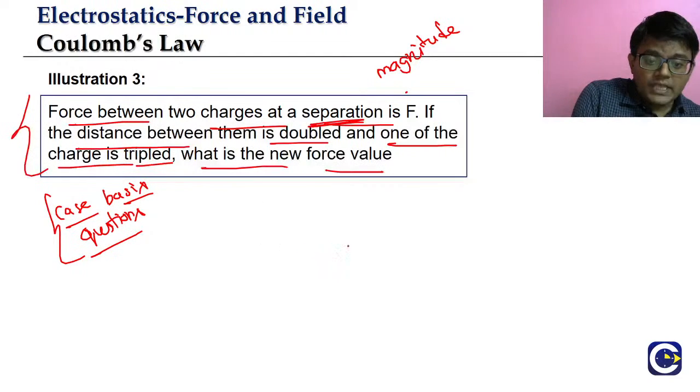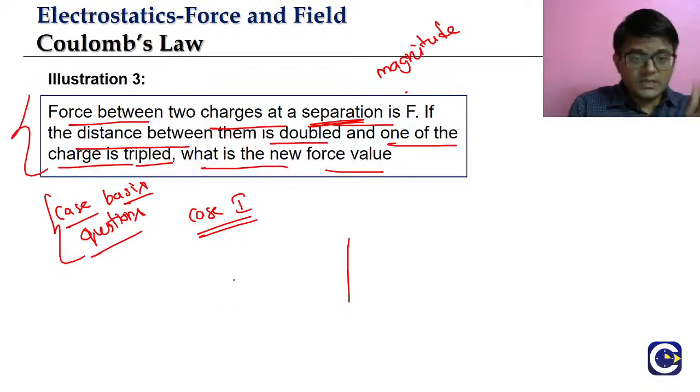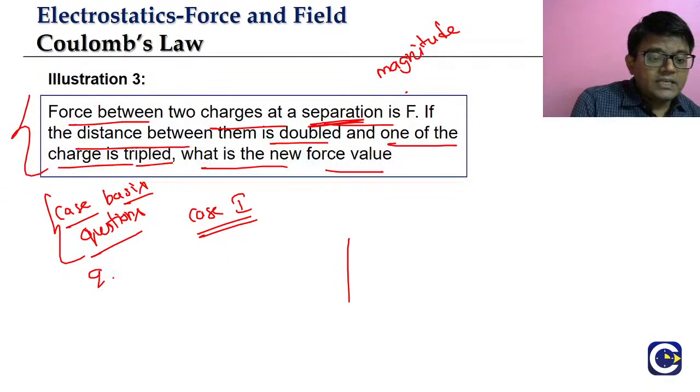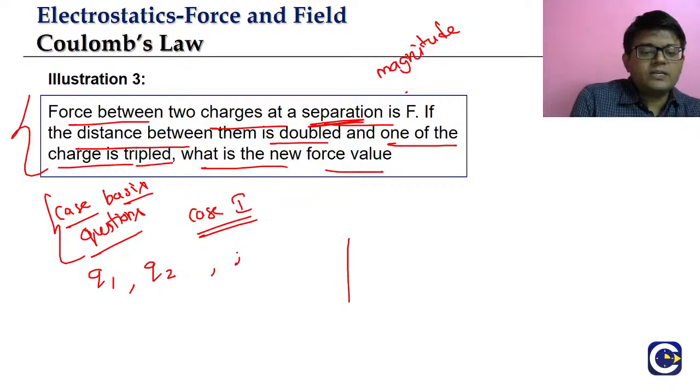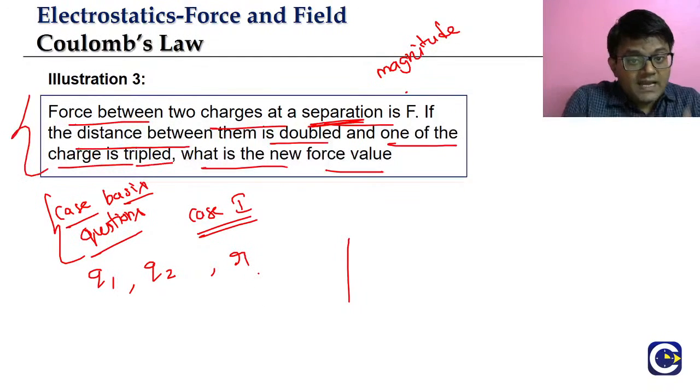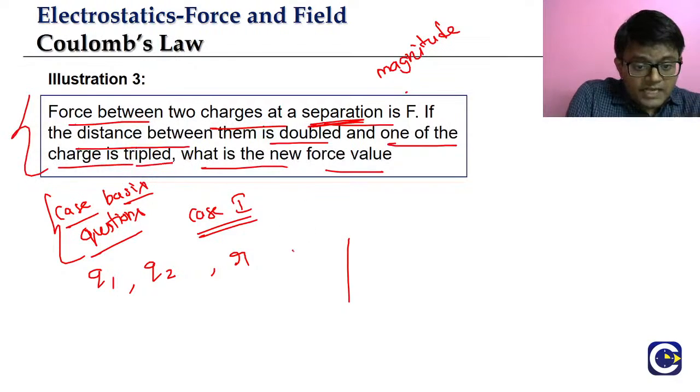We will have to begin with some assumptions. We have to assume values. Initially the charges are q1 and q2, and the distance between the two charges is r. All these are variables we introduce. The final answer should not come in these values.